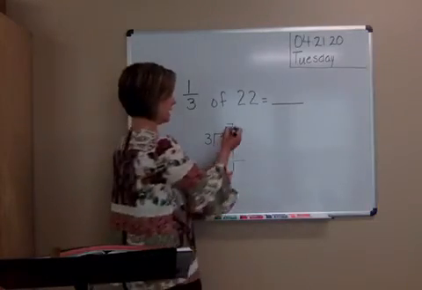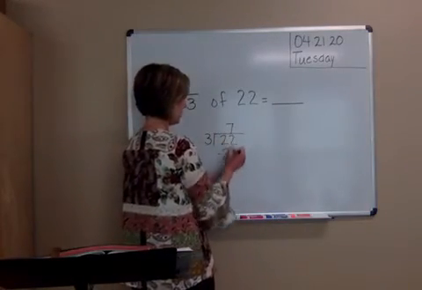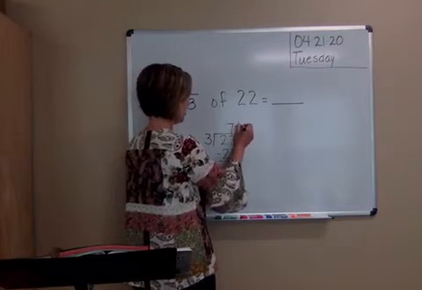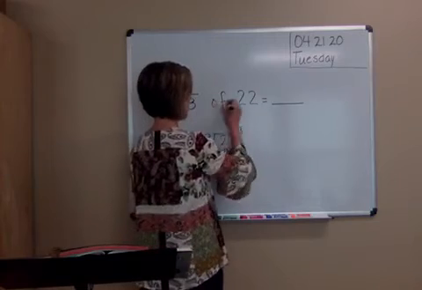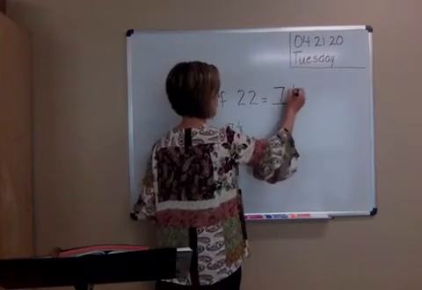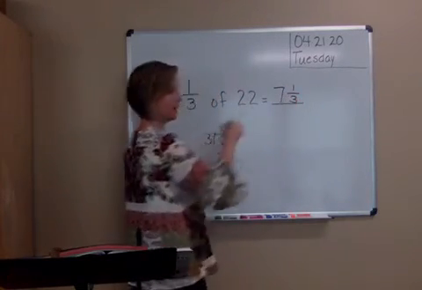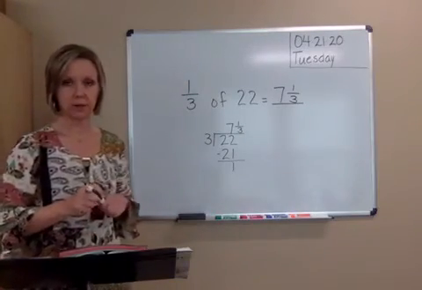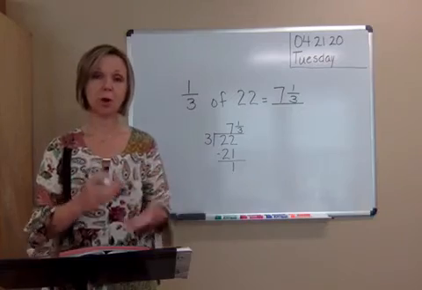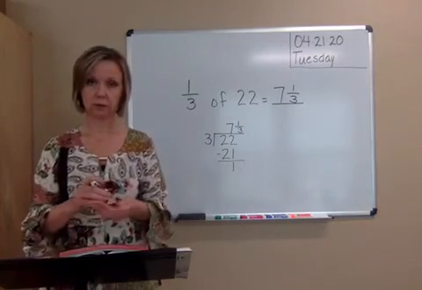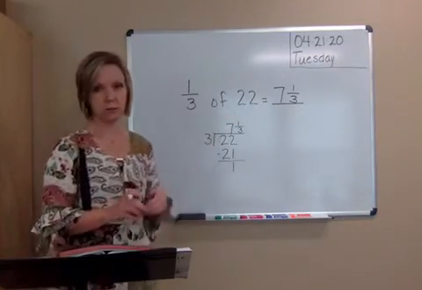Remember, we have to write our fraction. 1 is our numerator. 3 is our denominator. So 1/3 of 22 equals 7 1/3. You have to have that mixed number there. That's the fractional part. Remember, a fraction is a part of a whole. Okay, so make sure you have your mixed number there.